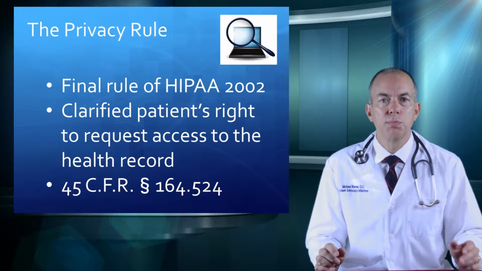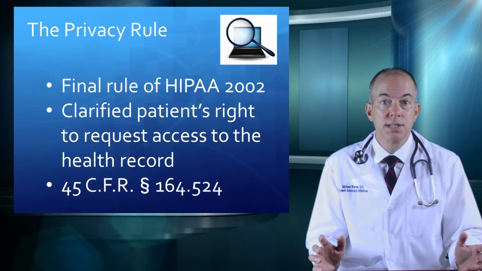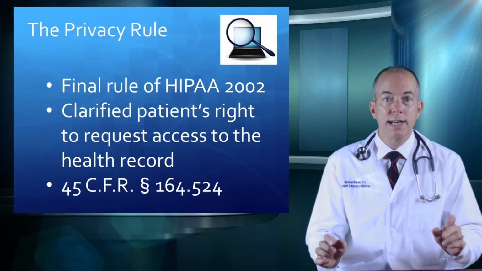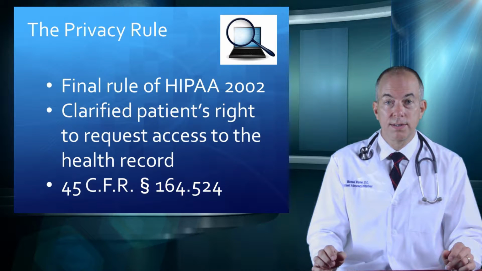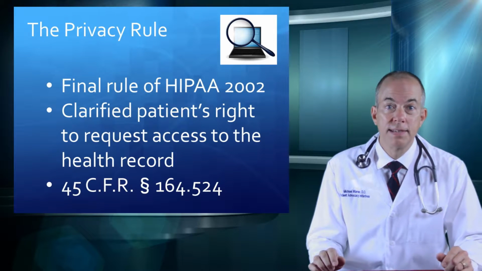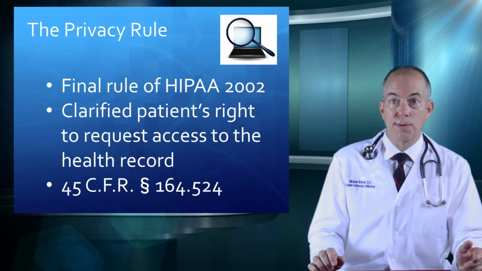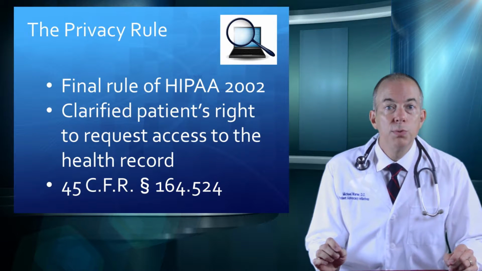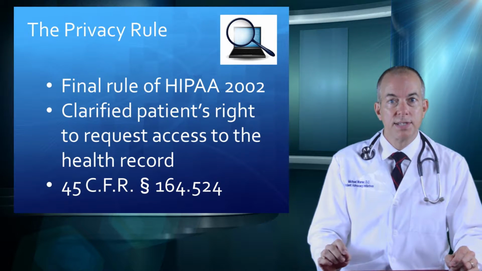So in 2002, the Privacy Rule clarified HIPAA's stance on our healthcare rights, stating that we all have the right to request to access our health record. If you enter this, 45 CFR 164.524, into an online search engine, you will see the written regulations.